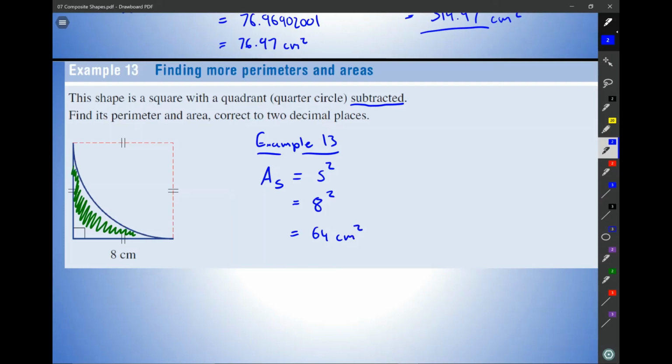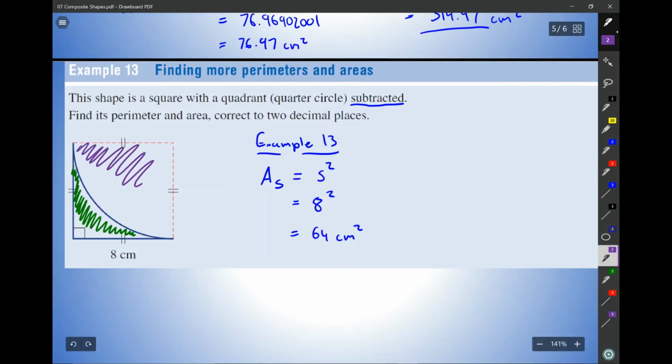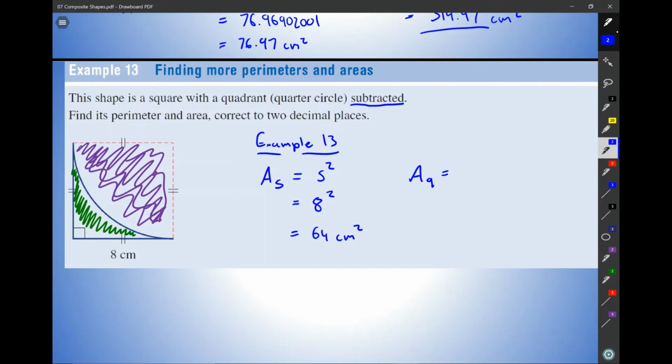Now we need the area of the quadrant that makes up this space. The formula for the area of a quadrant is a quarter times the area of the circle.